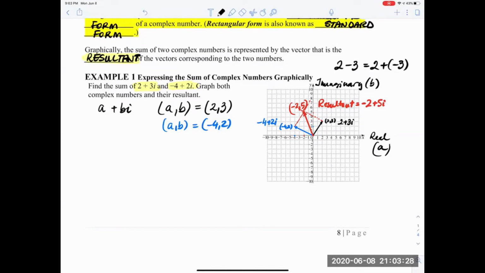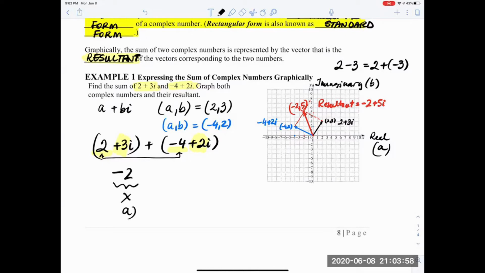Because I was adding the vectors, you have 2 plus 3i, that was one part, plus negative 4 plus 2i. Now what you do, you want to make sure you add the real parts together, and then you add the i terms together, or simply said, the imaginary parts together. So let's do that. If you group 2 and negative 4, that gives you negative 2, and that's part of your x-coordinate, or a.